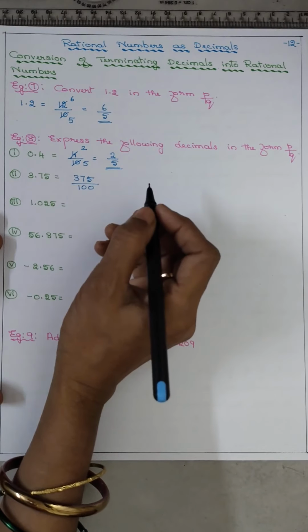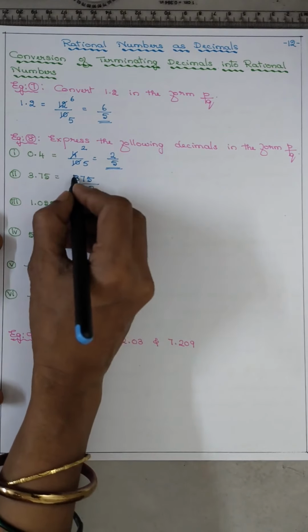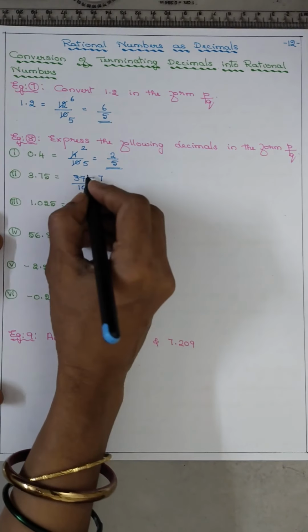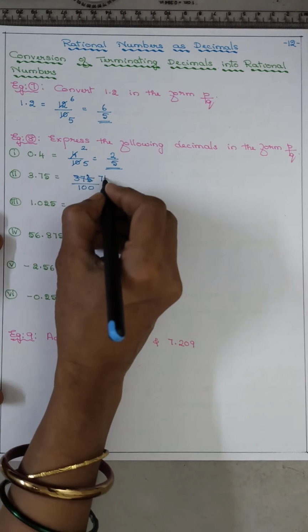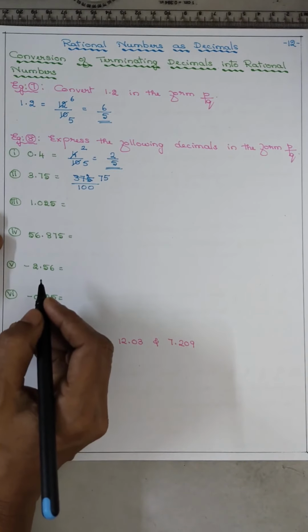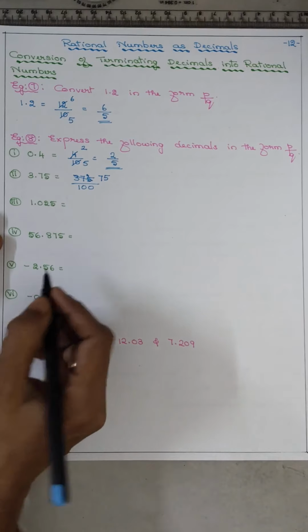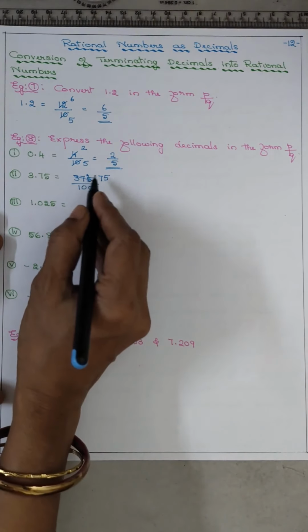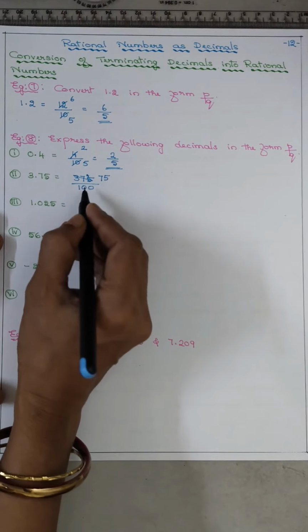Now divide by 5, table of 5. 5 7s are 35, 2 remains, 5 5s are 25. 5 7s are 35, 2 remains, 5 5s are 25.